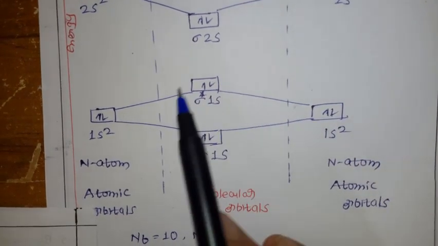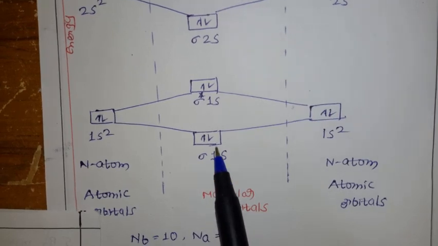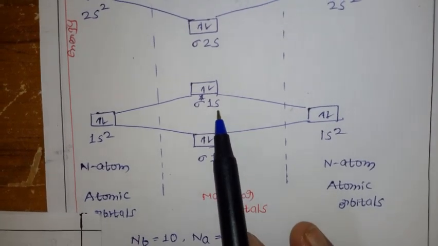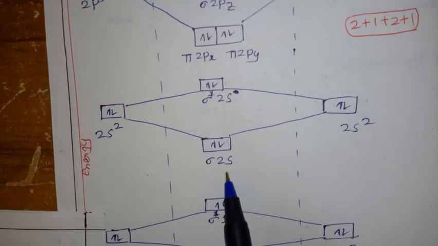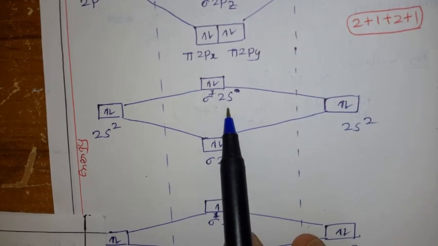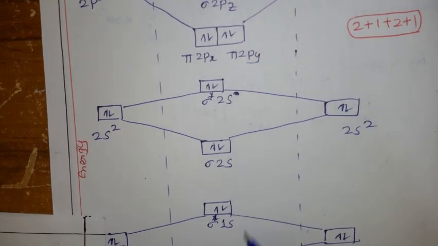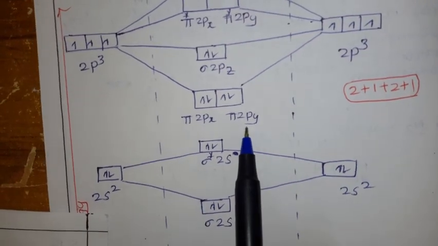In all the available orbitals, first we have to go for the lowest energy orbital, that is sigma 1s, 2 electrons over; sigma star 1s, 2 electrons over. After that, next we have sigma 2s, 2 electrons are filled. Next sigma star 2s, 2 electrons are filled. Total how many over now? 8 electrons over. Next come to pi 2px, pi 2py.